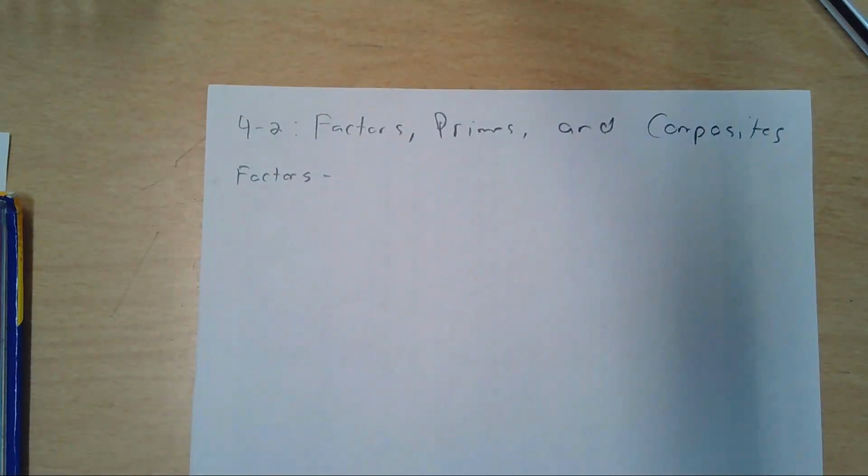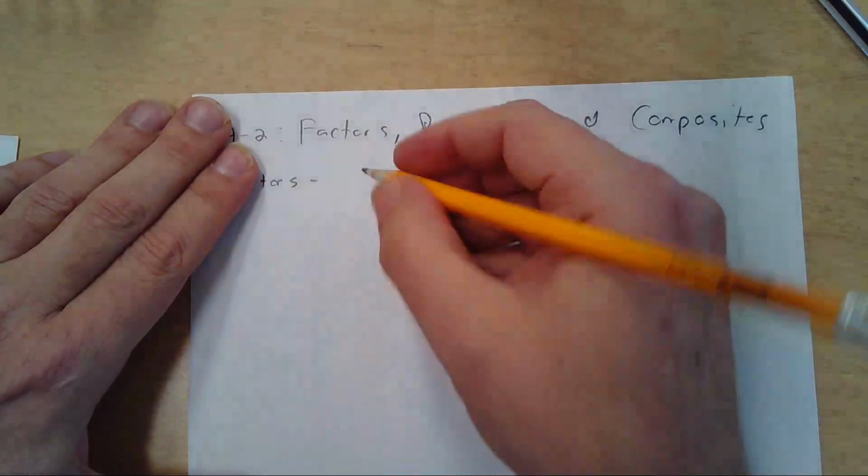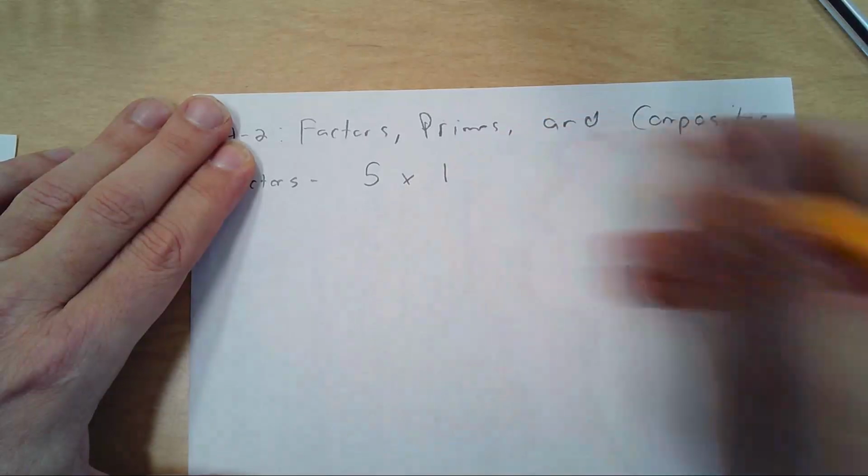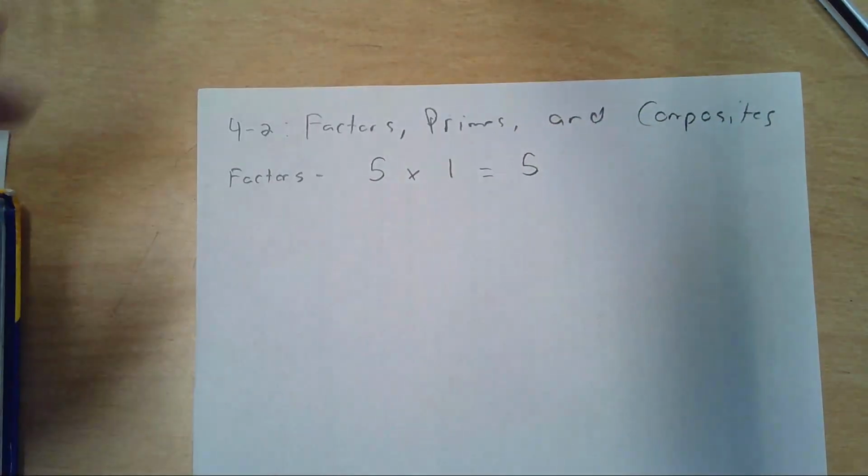What's a factor? We know what factors are. Roland? Numbers that are multiplied to find a product. In your own words? It's the number inside a multiplying problem. If I say 5 times 1 equals 5, what are my factors?